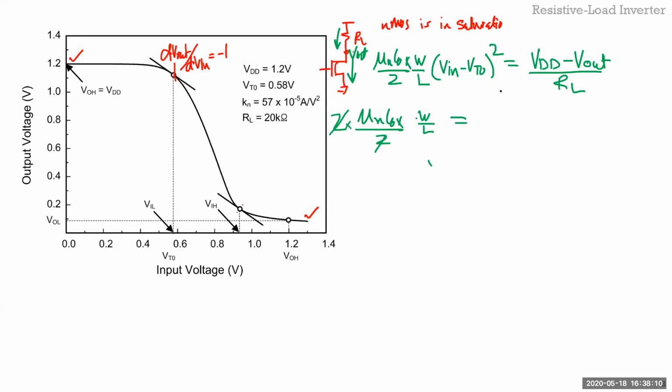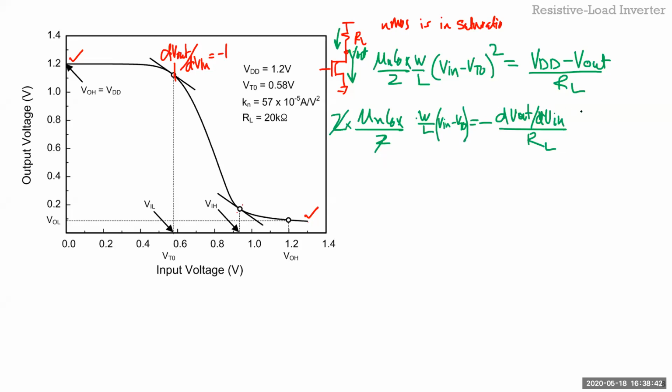And then this one is minus dV_out over dV_in over R_L, right? Sorry, I still need this term here. So V_in minus V_T0 equals that term.